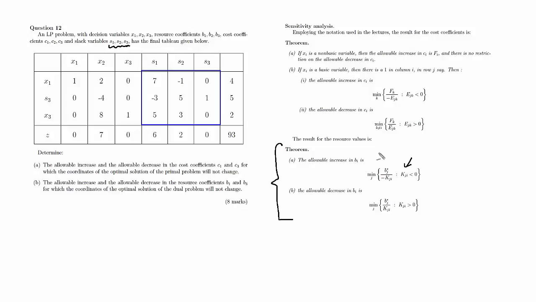The values of B star come from this rectangle here, where the first one is B star 1, the second is B star 2, and the third is B star 3. In order to find the allowable change for Bi, we have to look at the ith column of the blue matrix. So, for B1, we have to look at the first column.